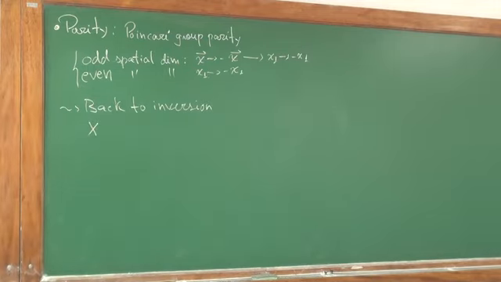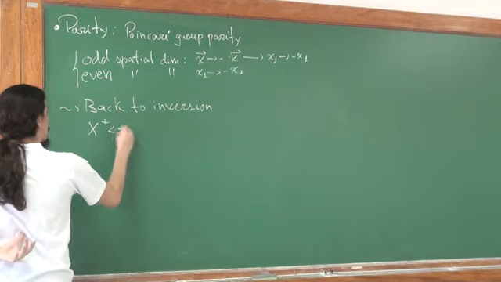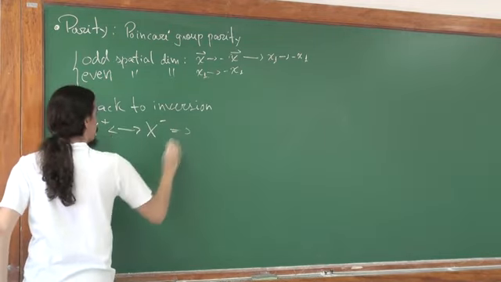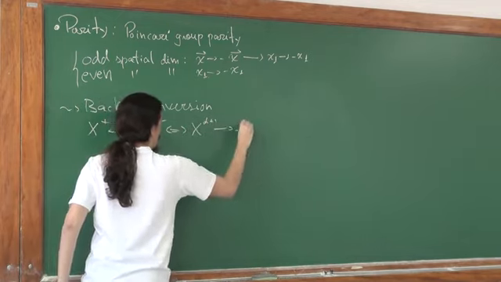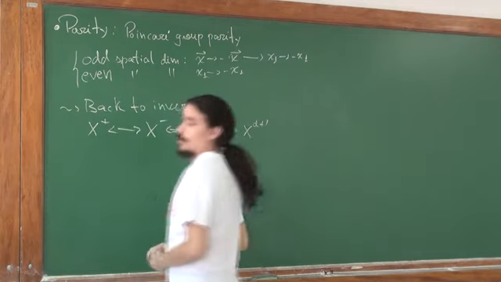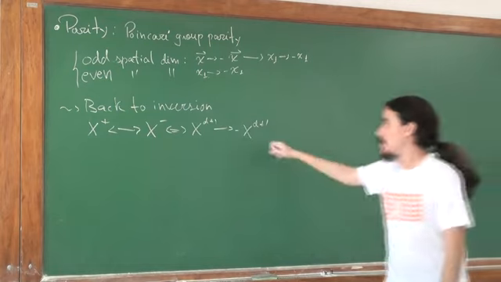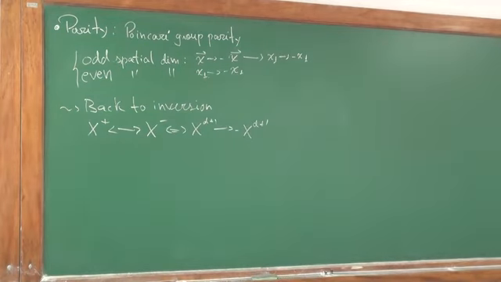If I exchange x plus and x minus, I can achieve this simply by taking x d plus 1 to minus x d plus 1, and then the overall minus factor doesn't matter. So this is equivalent to taking x d plus 1 to minus x d plus 1. And remember, x d plus 1 is a spatial coordinate.